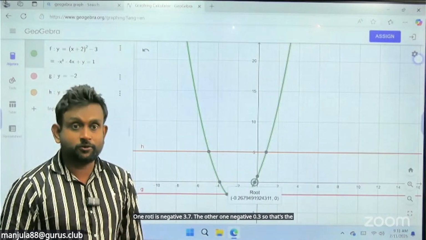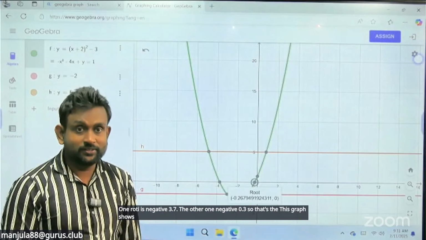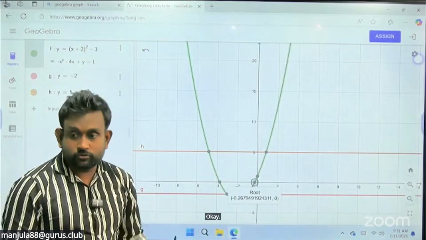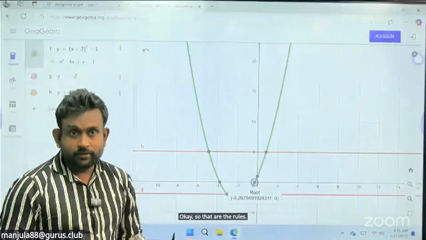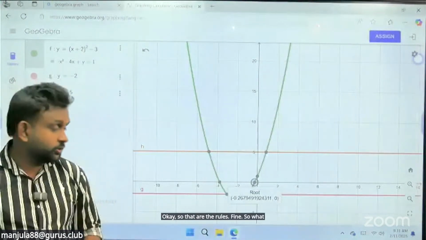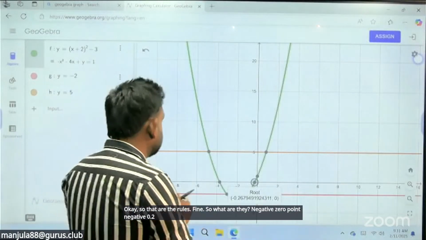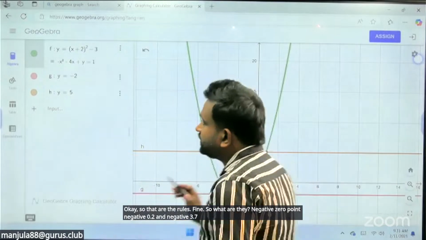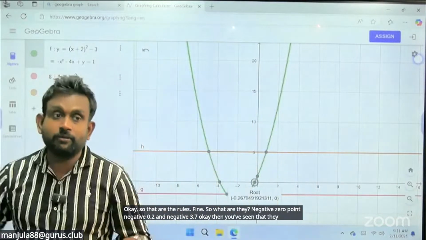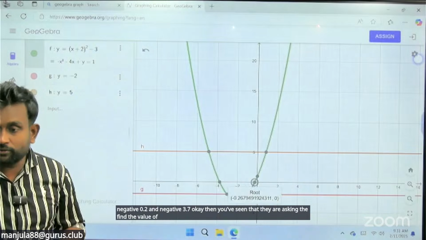This graph shows it, so it cannot be wrong. So those are the roots. -0.3 and -3.7. Then using that they are asking to find the value of √3, square root 3.